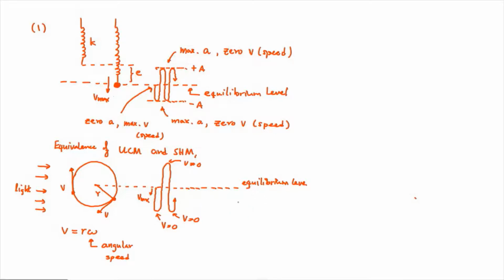We can use that same relationship to obtain an expression for Vmax in SHM. Vmax equals, instead of R, we can substitute the amplitude A for simple harmonic motion, amplitude A times omega.